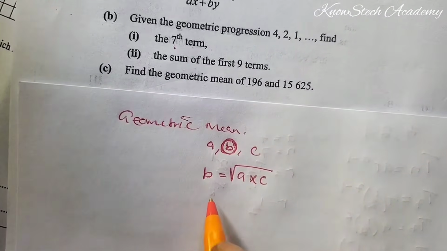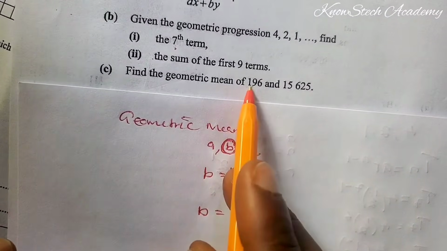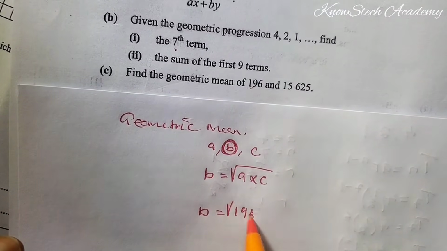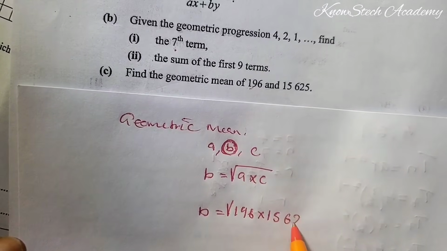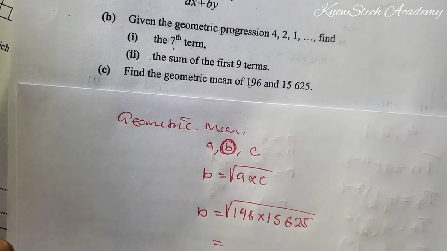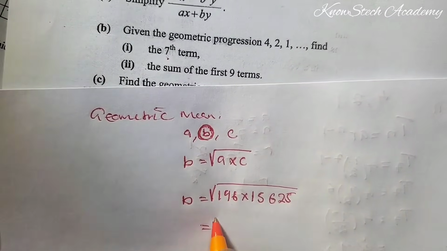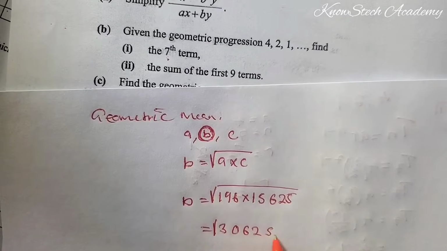So let's say B is equal to the square root of our A, 196, multiplied by 15,625. When you multiply 196 times 15,625, this is giving me the square root of 3,062,500.